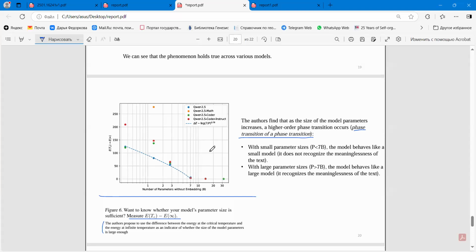So let me try to understand. When you have a larger number of parameters, then the difference between the critical energy at critical temperature and the energy at infinite temperature becomes smaller. That's what you're trying to say, right? And so at some point, for a large enough model, at a critical temperature, you already have.